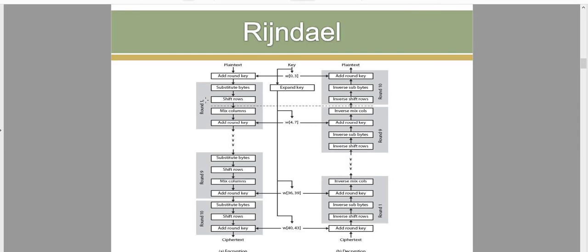So this is going to repeat 10 times. Round 1 to round 9 all the steps are the same, but in the last round we consider only 3 steps: substitute bytes, shift rows, and add round key, and we get the cipher. For decryption, we have to do the reverse method to get the plain text. We will go through the steps.